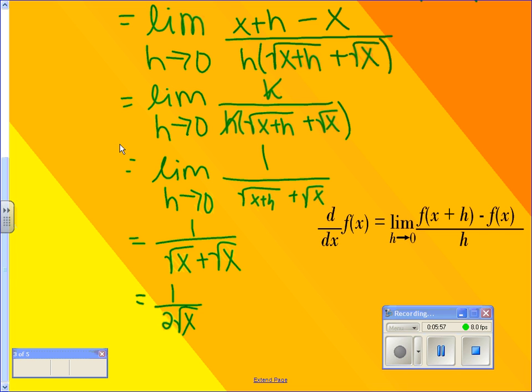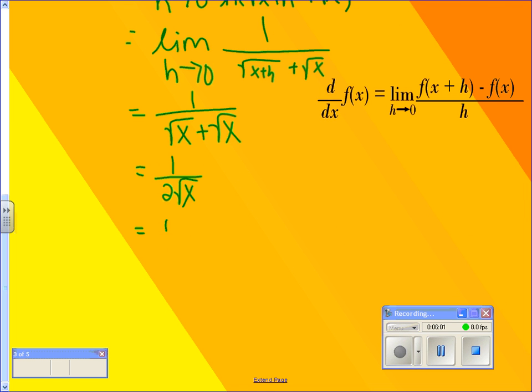How else could I write that so that I don't have a radical? x to the what? Negative 1/2. Because the square root is x to the 1/2. And then I moved it up. Does that make sense? Okay.